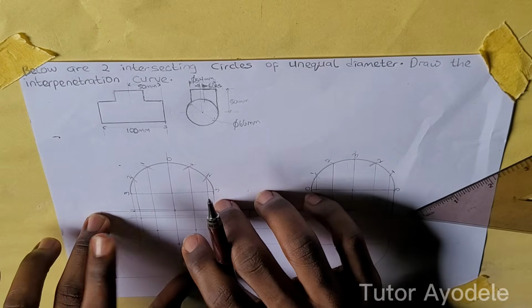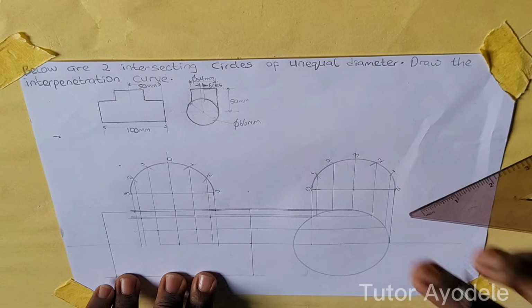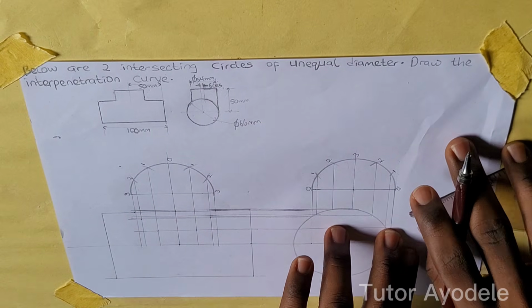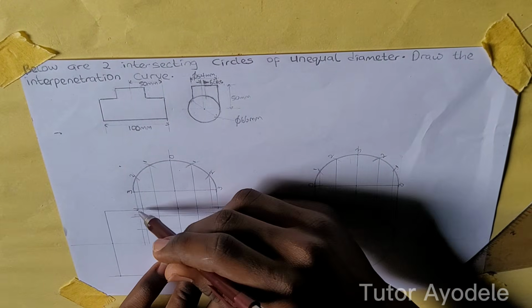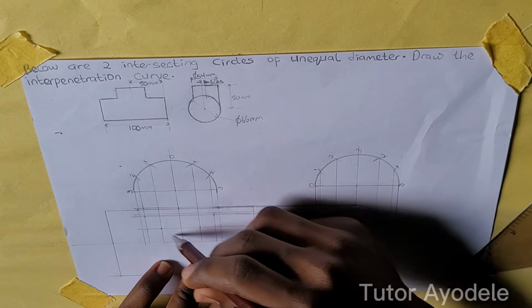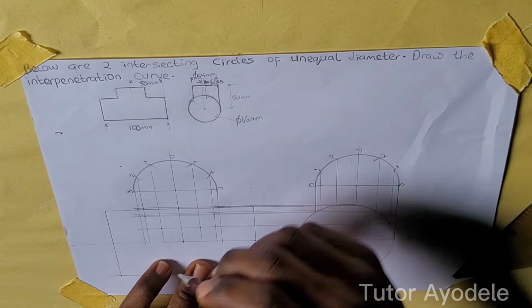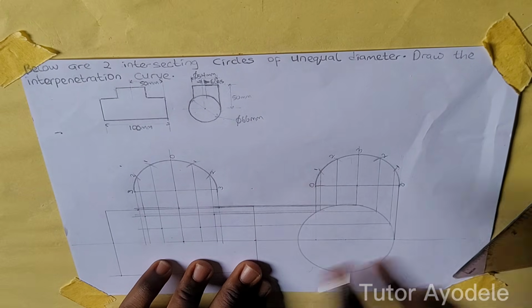You use a French curve to mark out these points. So this is the first curve of intersection.